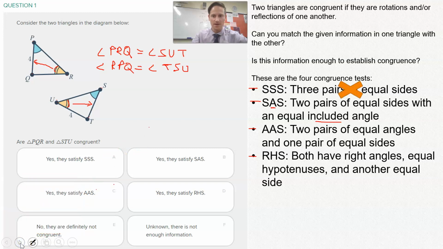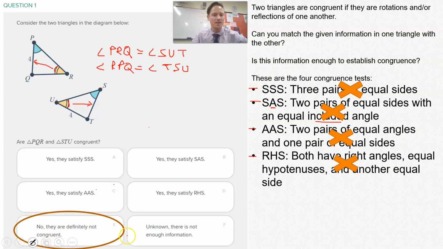So the answer to this one, it's not SSS because we only get given one side. It's not SAS because we only get given one side. It's not AAS, okay, because the side is not corresponding. It's not the same side that we've established. It's not RHS, there's no right angle.